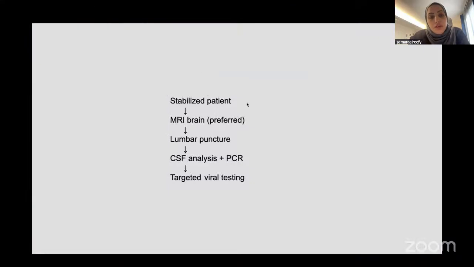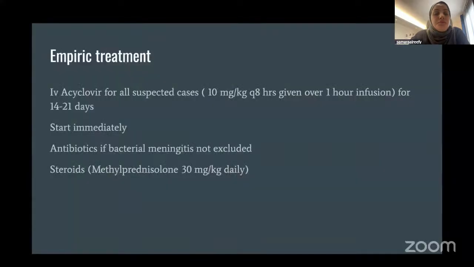Okay. So in summary, we stabilize the patient. So the approach, you stabilize the patient, you do an MRI, lumbar puncture if it's not contraindicated. You do a CSF analysis plus PCR, and then your targeted viral testing. Then you start your empiric treatment. So it's very important that you start IV acyclovir immediately in the emergency.